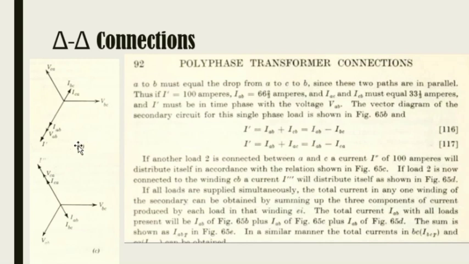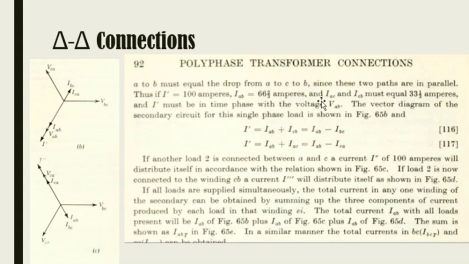Based on the vectors, I prime is equal to IAB plus ICB. Basically, IAB, which is 66 and 2/3 amperes, plus ICB, which is equal to 33 and 1/3 amperes, is equal to 100 amperes, which corresponds to this.